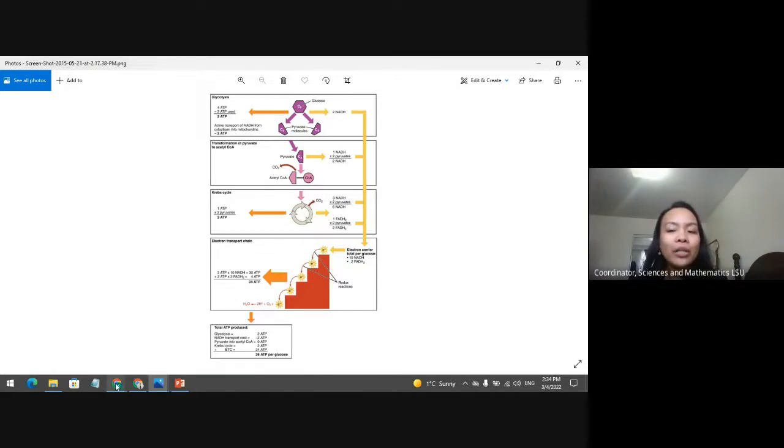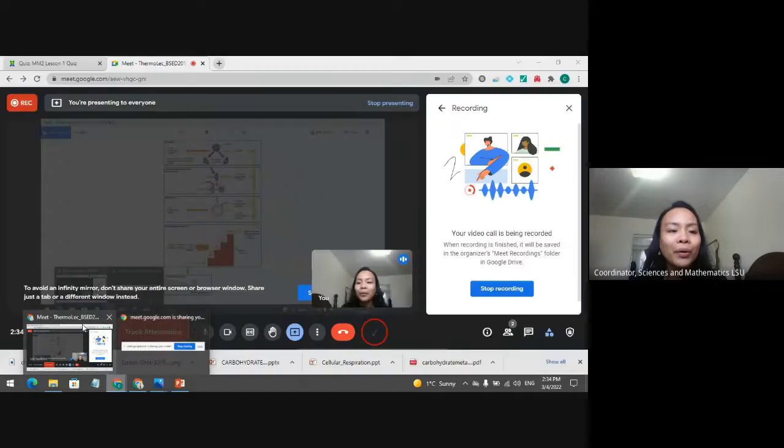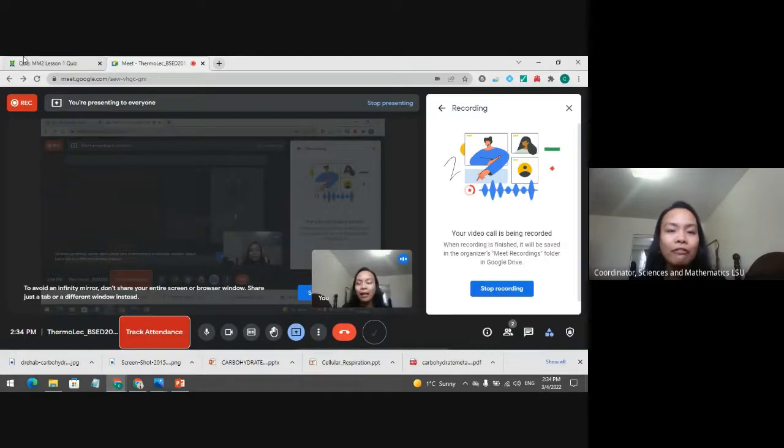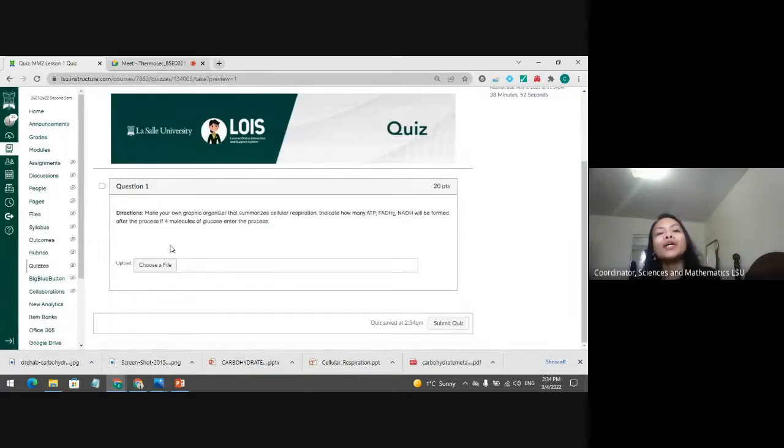In your activity for your module 5, you are going to make your own graphic organizer that summarizes cellular respiration. You have to indicate the number of ATPs, the number of FADH2 and NADH. FADH2 and NADH are being discussed in your module.